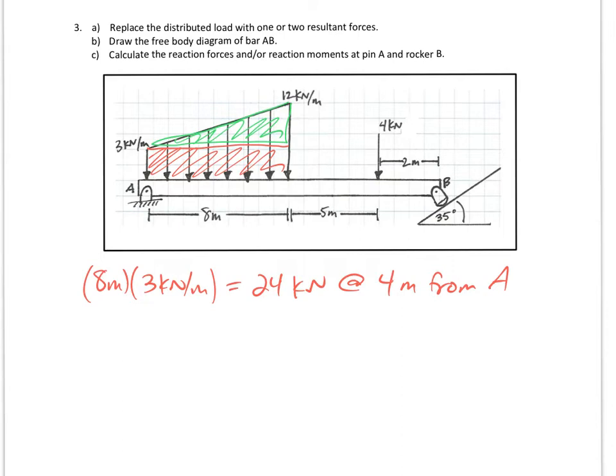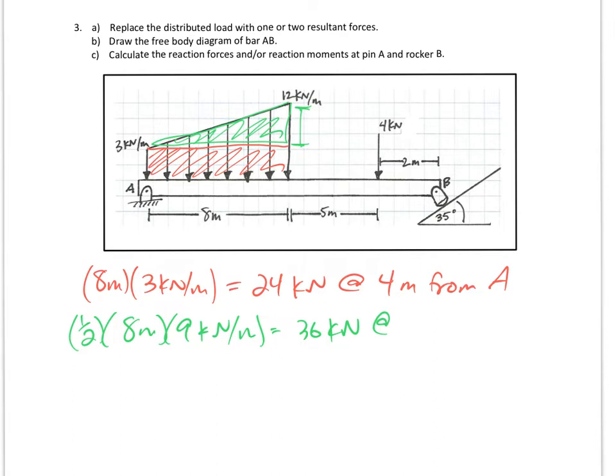All right. Then the triangular load, the area of a triangle is 1/2 base times height. So the height of that triangle goes from 3 to 12, so that height would be 9 kilonewtons per meter. So this would be 36 kilonewtons. And where would that act? It would act at the centroid, or the center of that triangle.